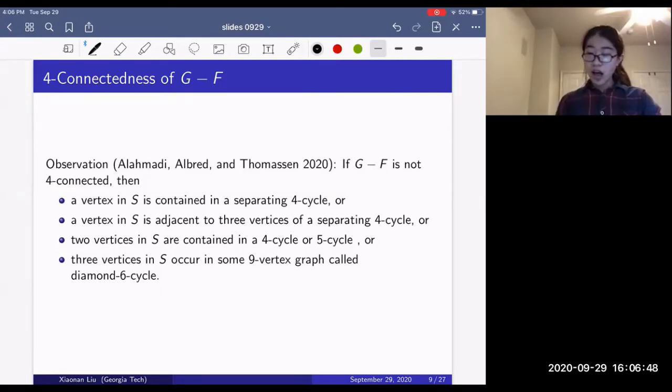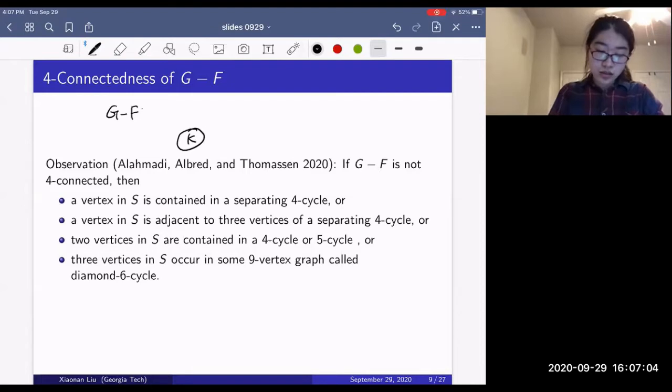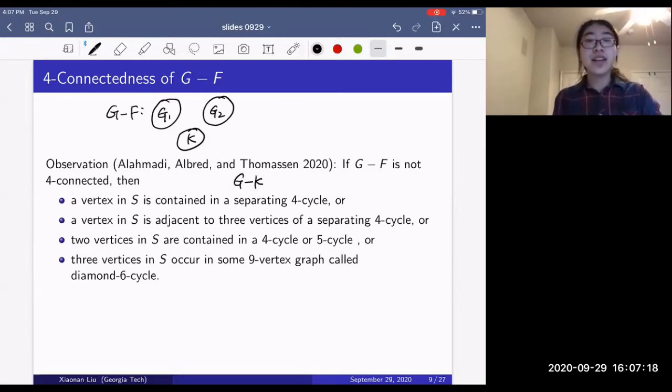So if this is G minus F and it's not 4-connected, we will have a minimum cut of size at most 3. Let's call it K. And we will have some components G1, G2. But G minus K, because G is 4-connected, so G minus K is connected.